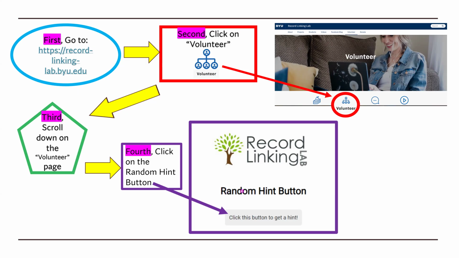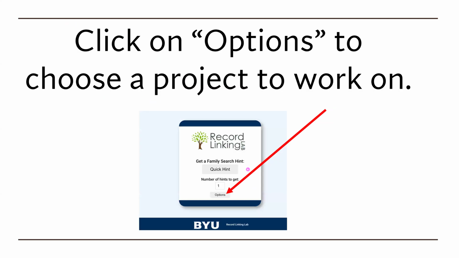It says the random hint button, and you actually click that button. And we will go over that and I will show you. But this part was the one that was confusing to me: you click here, but then you have to scroll down because it doesn't look like the page changes at all. So you've got to scroll down and then you will find the random hint button.